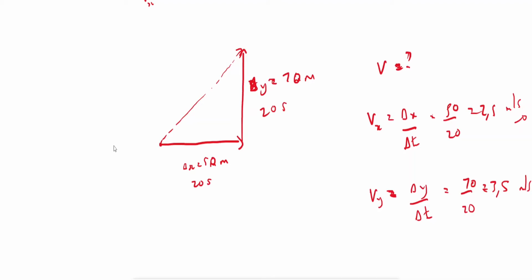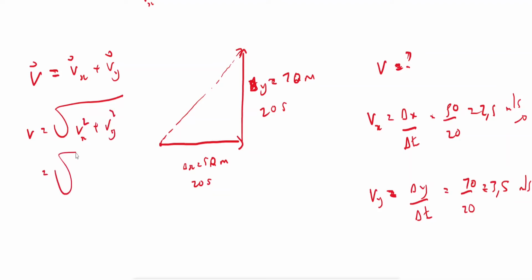All right, so the velocity V will be given by Vx plus Vy. If I wanted that velocity V, the magnitude will be the square root of Vx squared plus Vy squared, which is the square root of 2.5 squared plus 3.5 squared, and that is basically 18.5 meters per second.